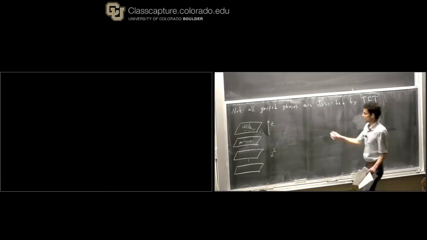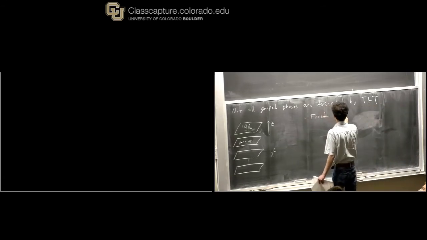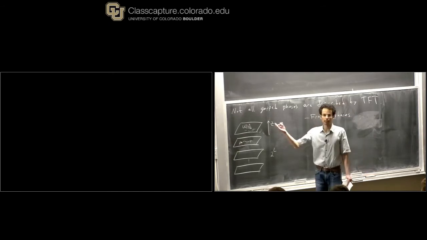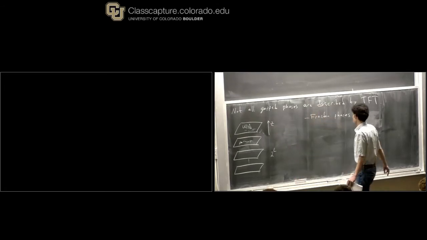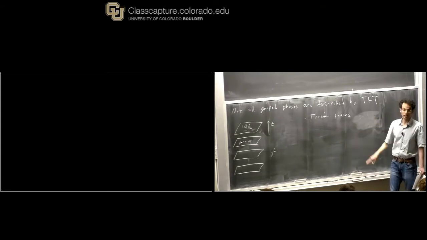And such phases are known as fracton phases. As far as we know, they start in 3+1 dimensions. We don't know analogs in 2+1 dimensions. And they're a very active subject of research.